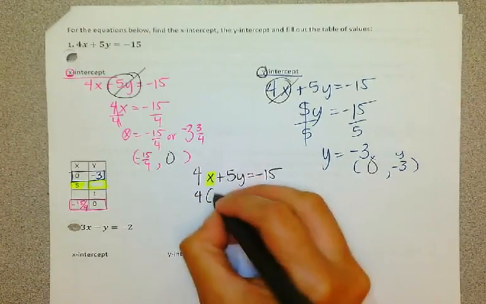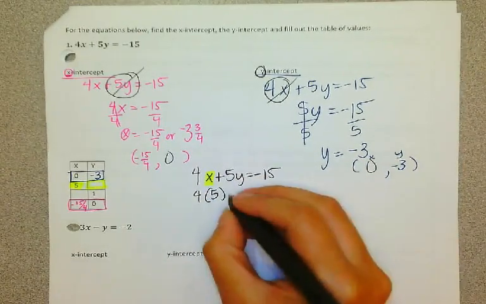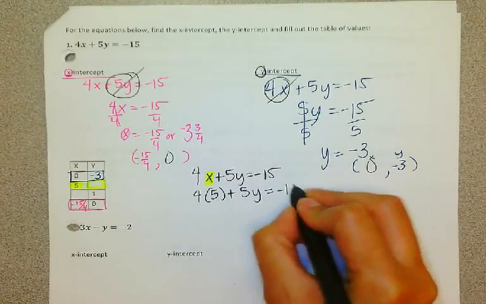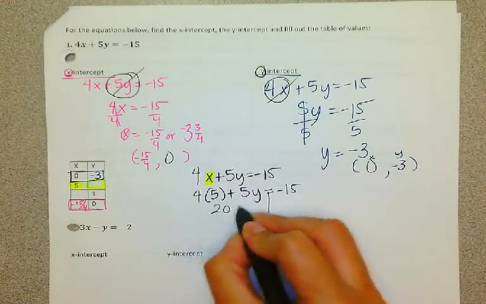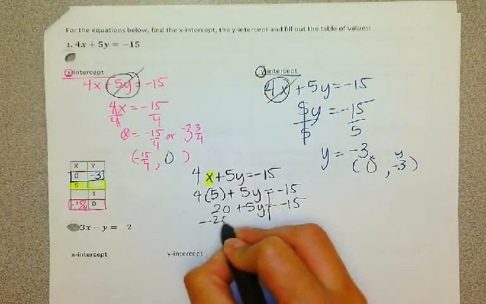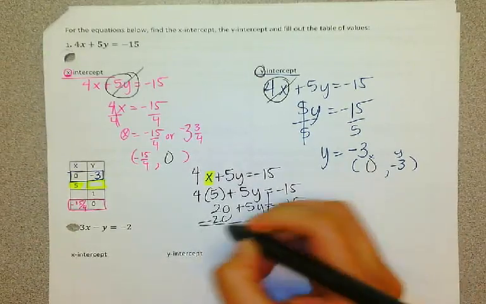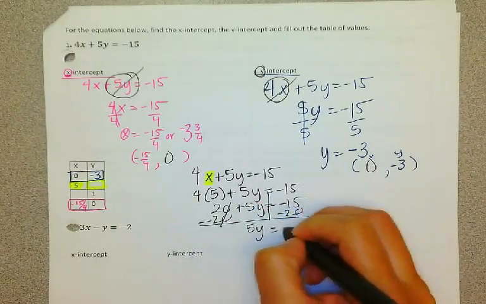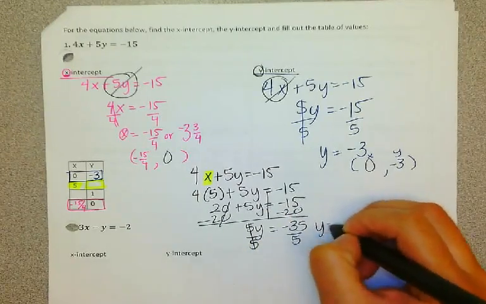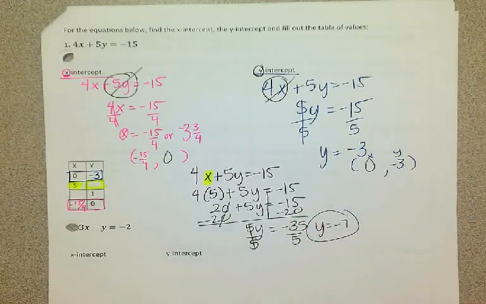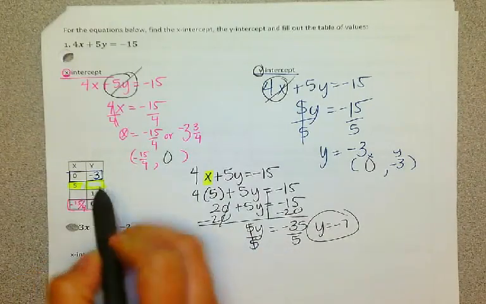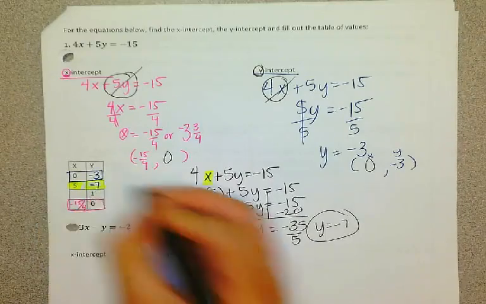So I'm going to substitute in the 5 for the x so that I can find out what that y value is when x is 5 in this function. And you just solve normal, like a regular equation that we have practiced many times. So y would be negative 7. So when x is 5 in this function, y is negative 7.